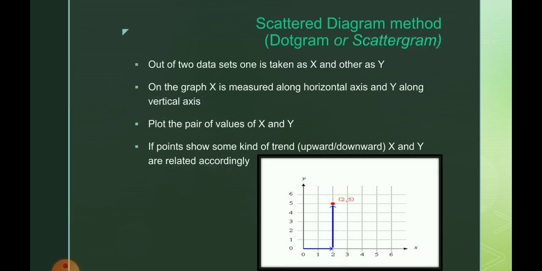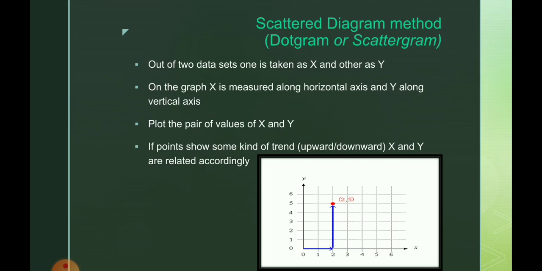The first graphical method is the scatter diagram, or you can say scattergram or dotgram. These are the three words that are used to find the correlation between two data sets using diagrams. So what a scatter diagram is, and how we make a scatter diagram for a given set of data.